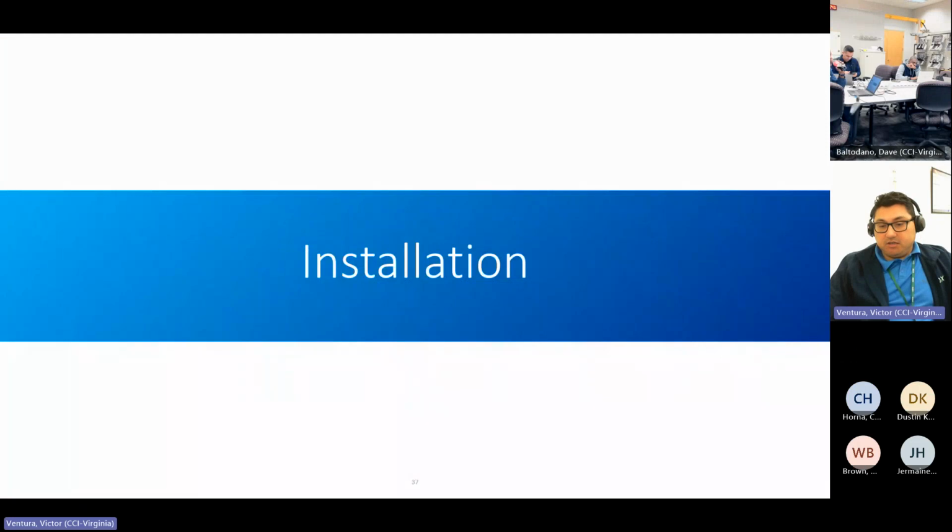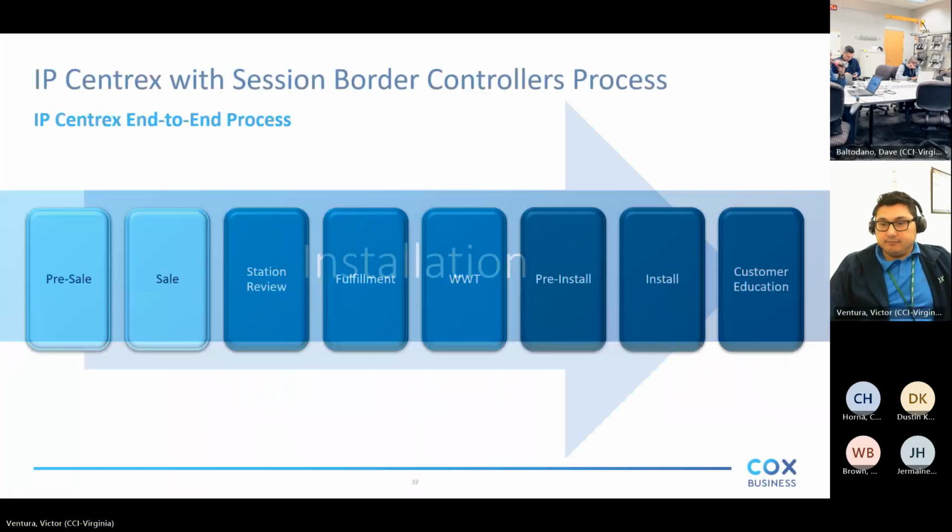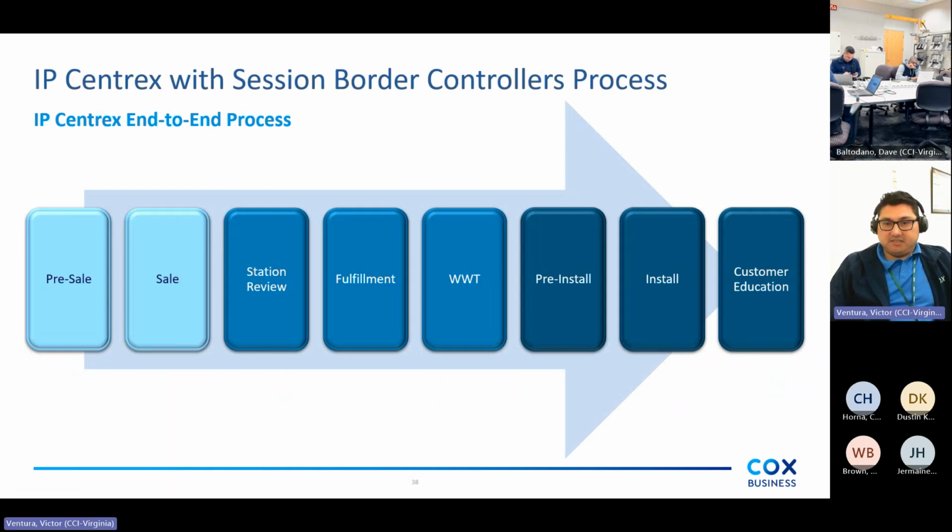The installation involves different phases, which include pre-sale, sales, station review, build, fulfillment, and this is where our WWT technology partner gets involved. The technician is going to be involved in the pre-install, install, and customer education phase. So that's the whole end-to-end process for selling and installing IP-Centrics.